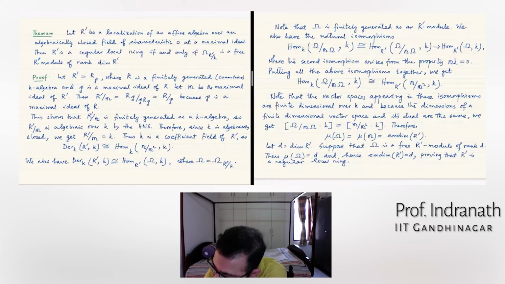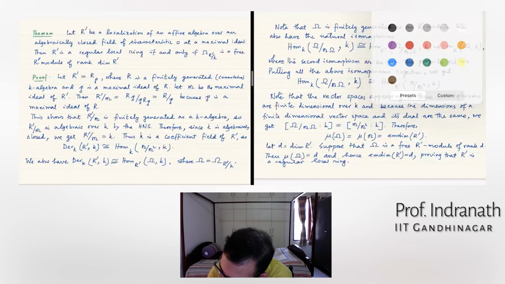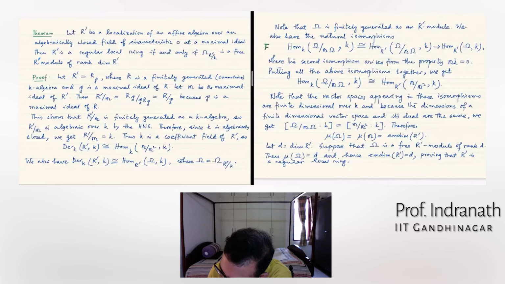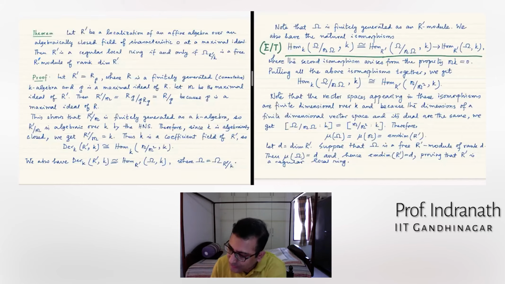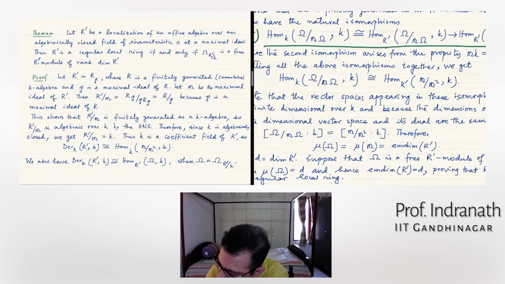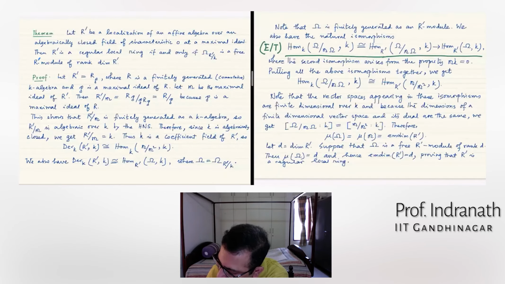In fact, this I'll just customarily put as E stroke T, but this is actually fairly obvious. Where the second isomorphism arises from the property that MK is 0. You just have to verify that every time the natural map actually gives rise to a map, etc. So let me just for the time being keep it as E stroke T.